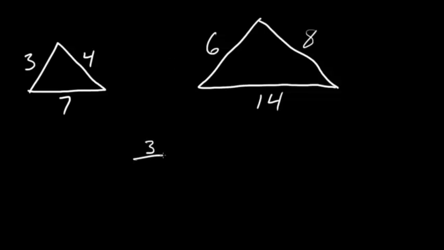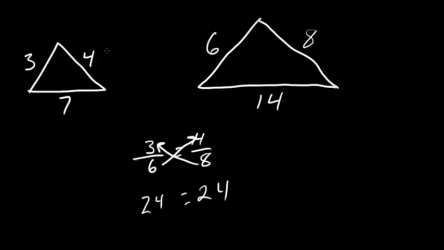So we've got 3 over 6 equals 4 over 8. And we're just going to cross multiply, and we get 24 equals 24. So that means that those work, that those sides, the 3 and the 6 side, and the 4 and the 8 side, are similar sides. Now we just got to make sure that the last one is, and we can use 3 over 6 again if we want.